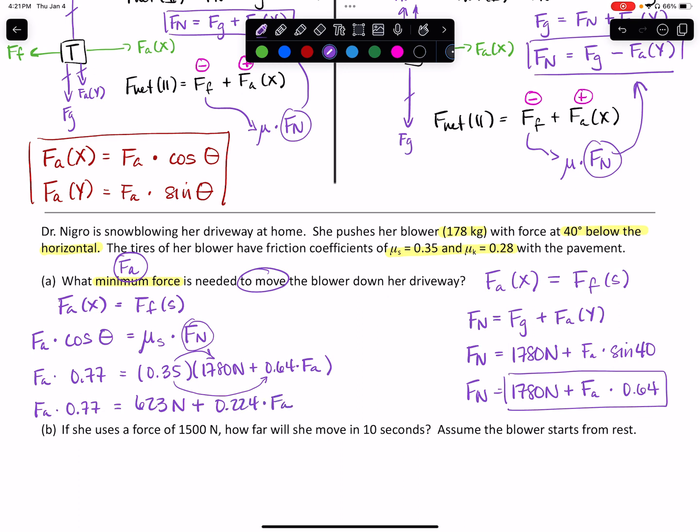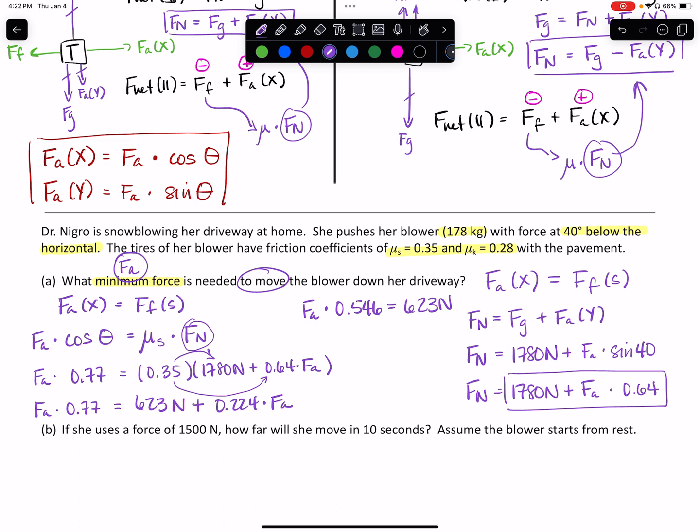So I need to isolate FA. I'm going to subtract that 0.224 from both sides. When I do that, I get the applied force times 0.546 will be equal to 623 newtons. Oh, whoops, hold on. I messed something up. 0.77 minus 0.225. Oh, no, that's right.